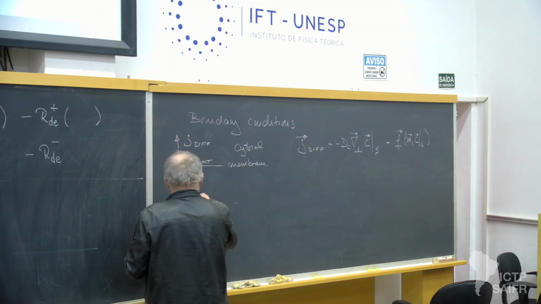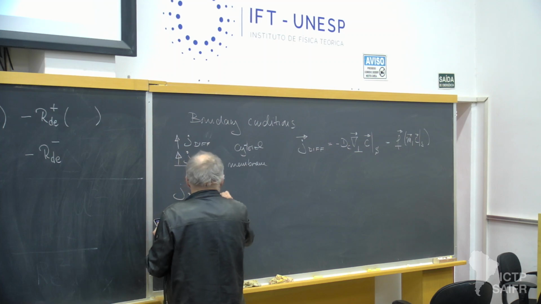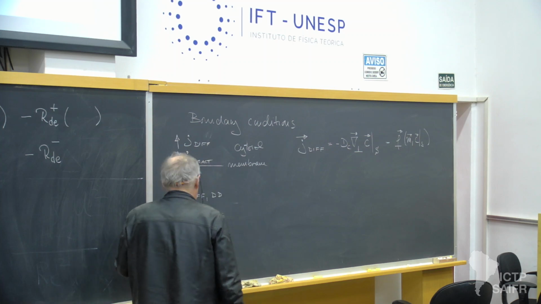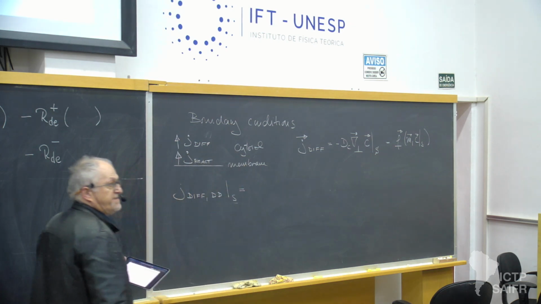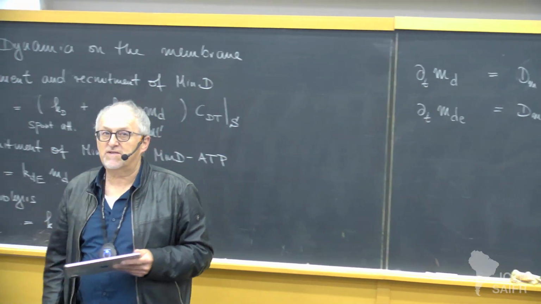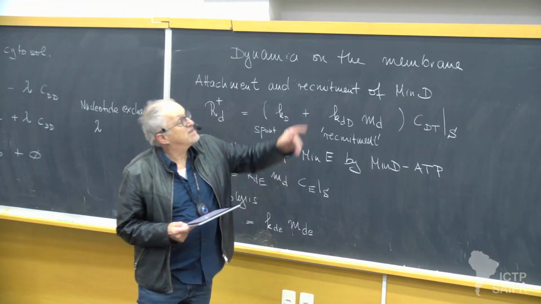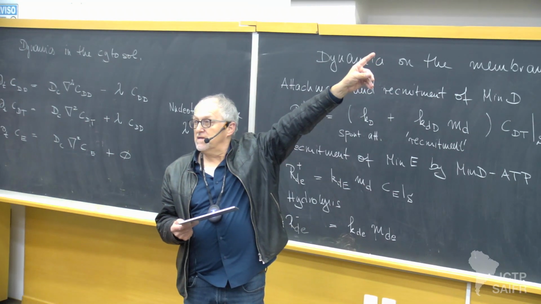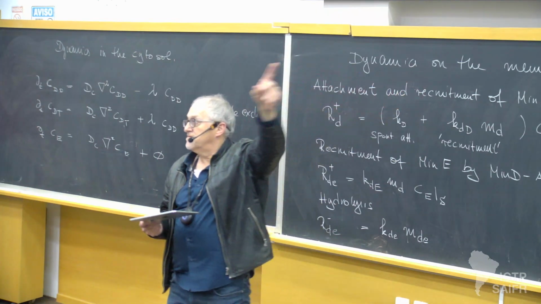There is a diffusive flux for the MinD in its inactive state. What's the reaction that gives rise to a diffusive flux of an inactive state? Look at the model. The hydrolysis produces what?